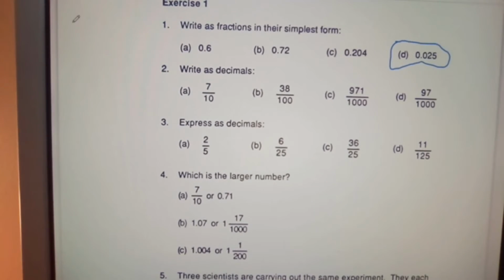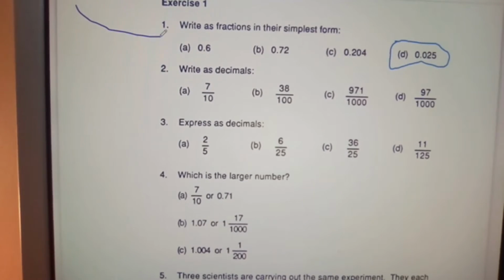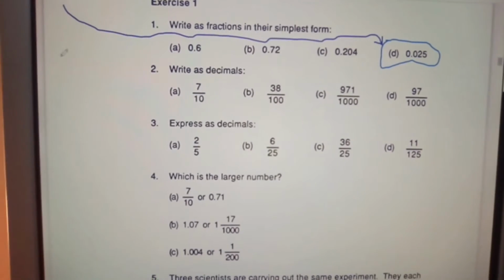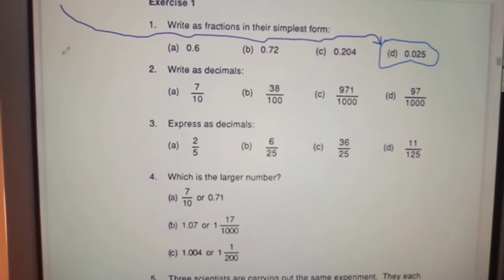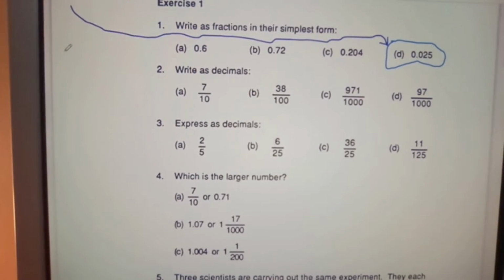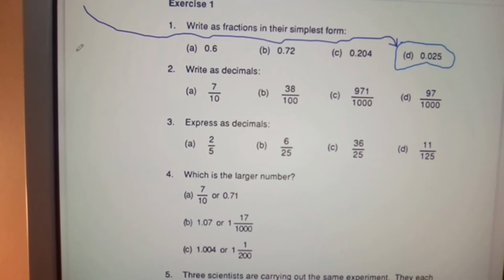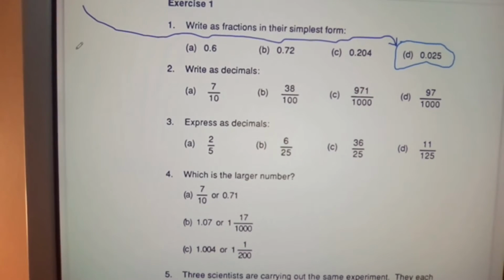Now we are looking at this question here. We're looking at that question there. Now again, we're going to convert to a fraction, and let me make sure I got this right now.